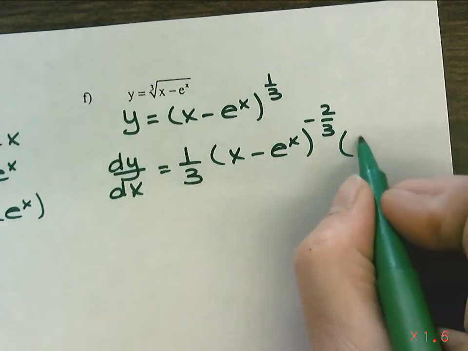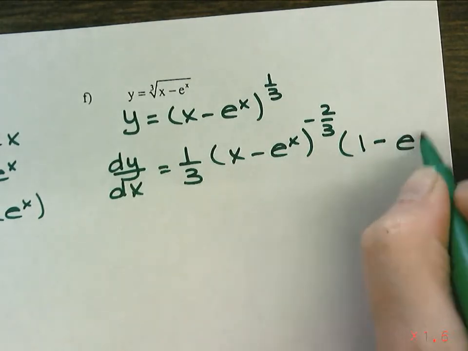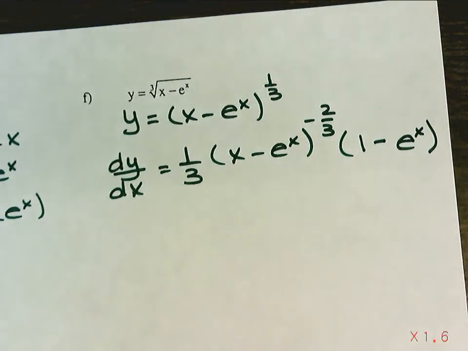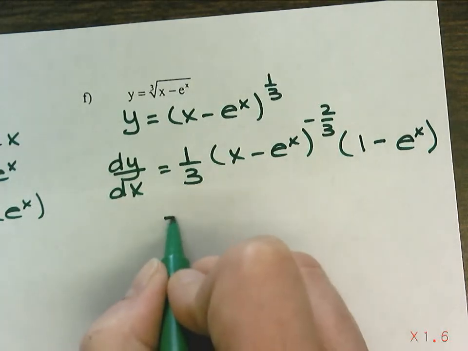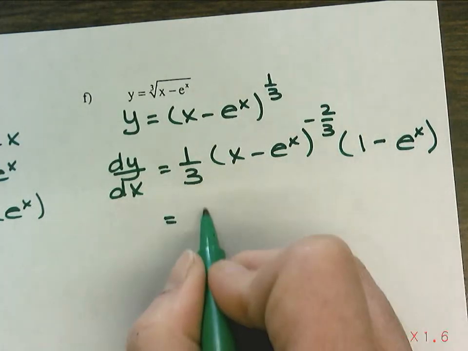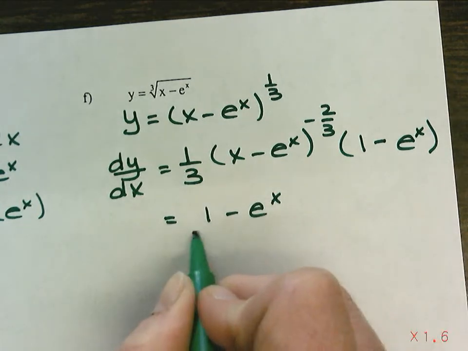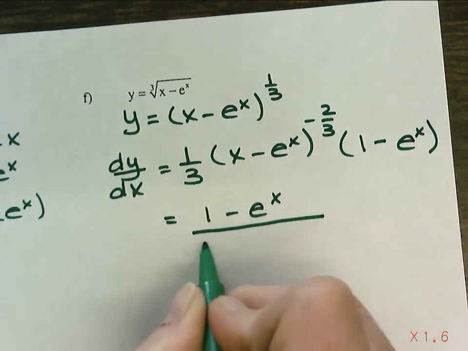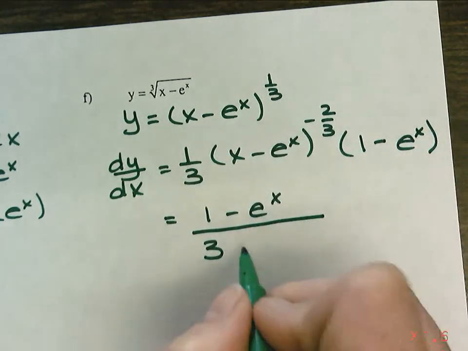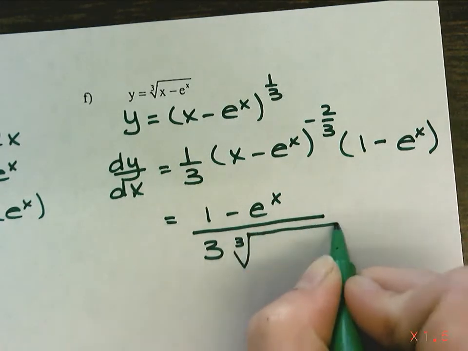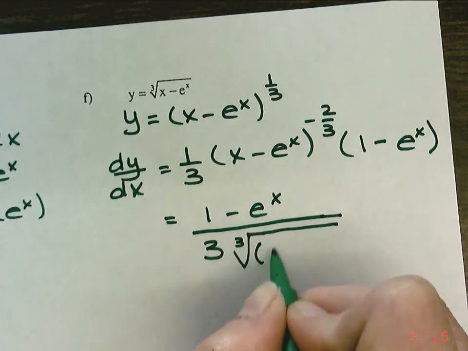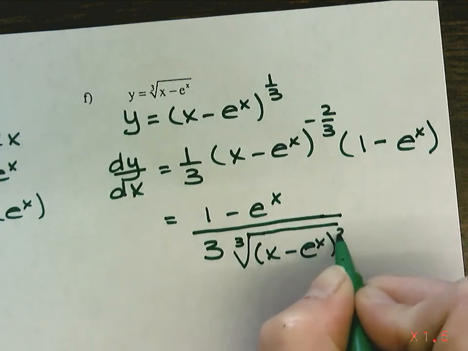The derivative of x is 1, the derivative of e to the x is e to the x. I'm going to simplify this. On top, I'm going to have 1 minus e to the x. On the bottom, I'll have the 3, and then I'll have this part here, all squared.